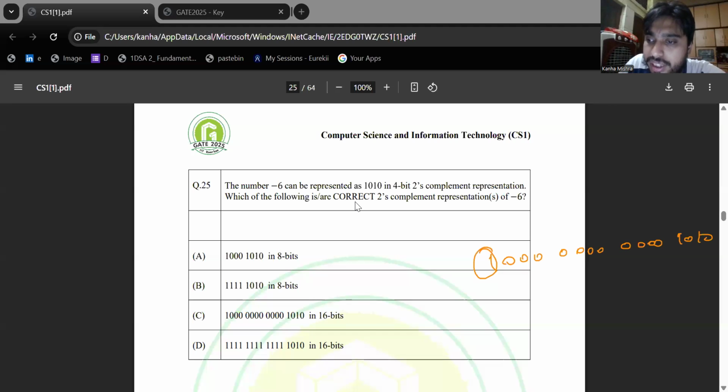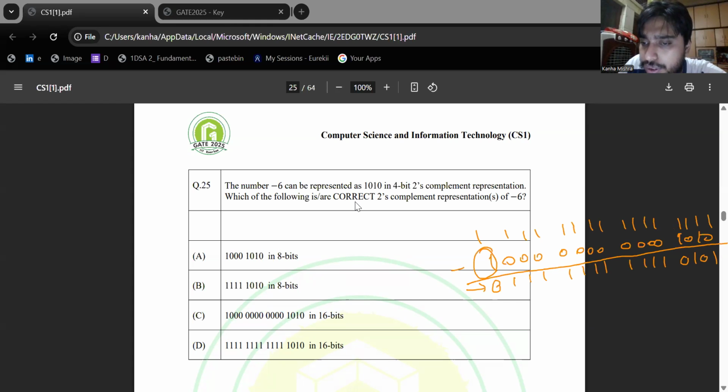So inverting it to 0 1 1 1 1 1 1 1 1 1 1 1 after inverting, basically subtracting it from all 1s. After subtracting it out, this is what the result comes out. After that I will add 1 in this, so it will be 0 1 1 0 1 1 1 1 1 1 1 1 1 0.